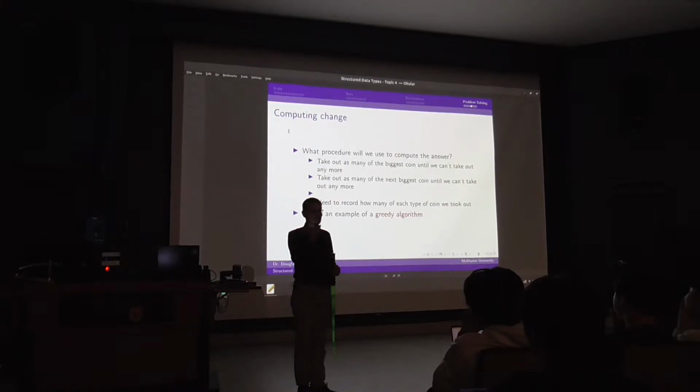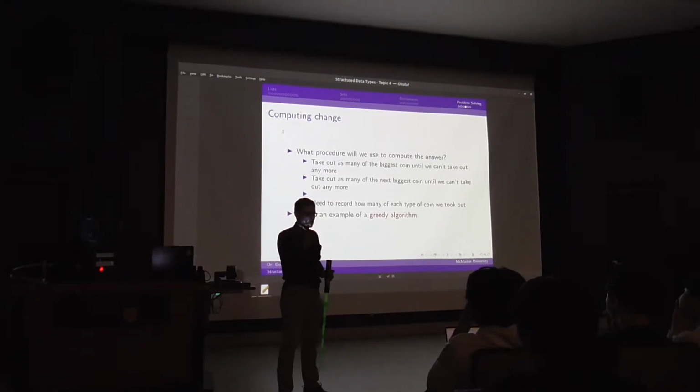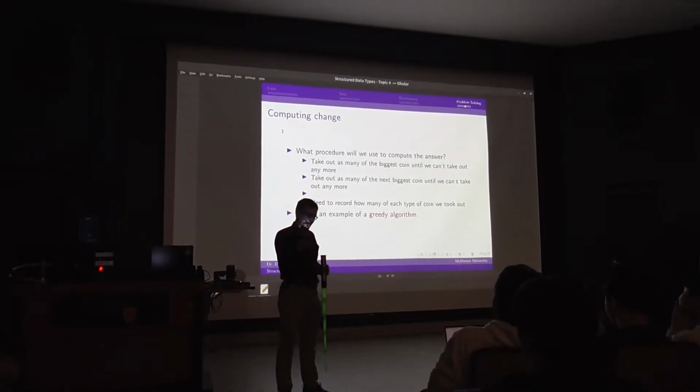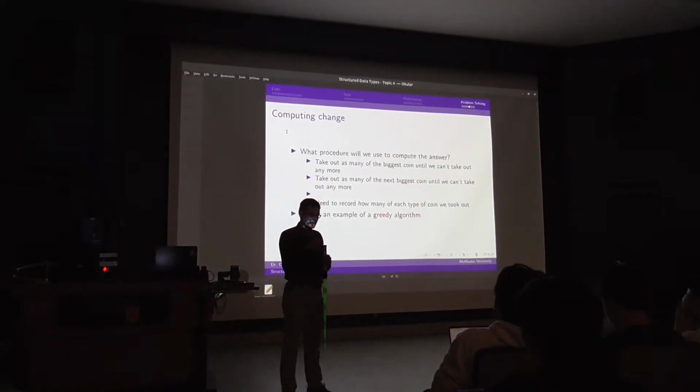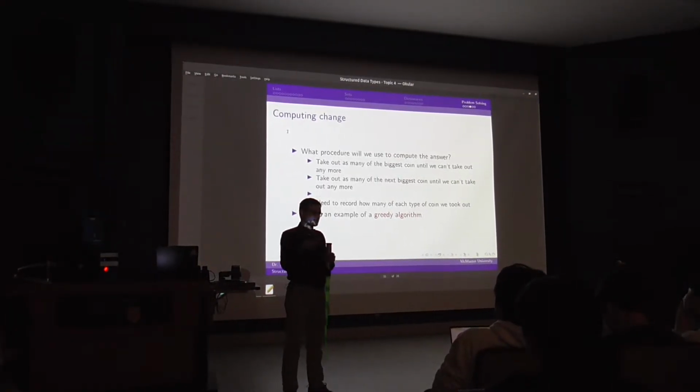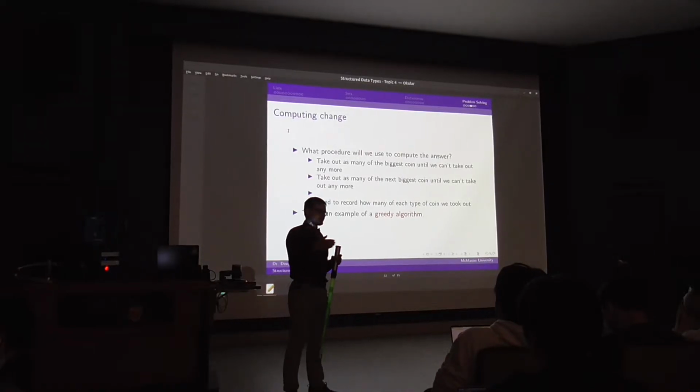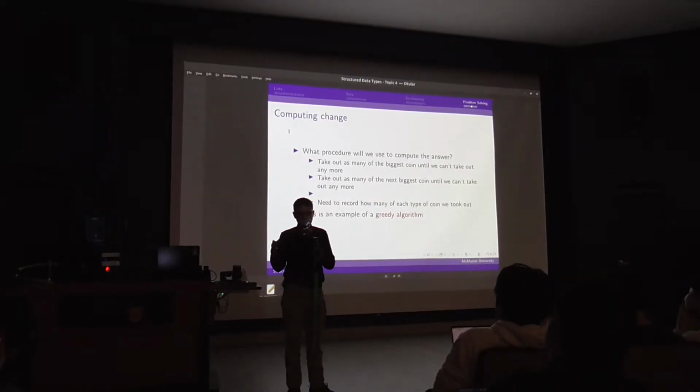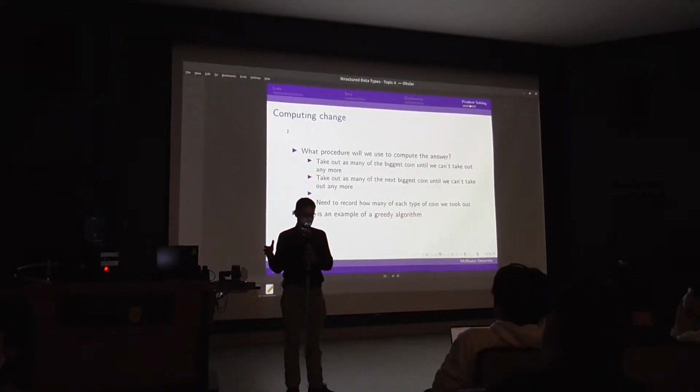Once you make one decision about how many of the current coin you're going to compose in the target sum, you are then left with the same problem but smaller, right?